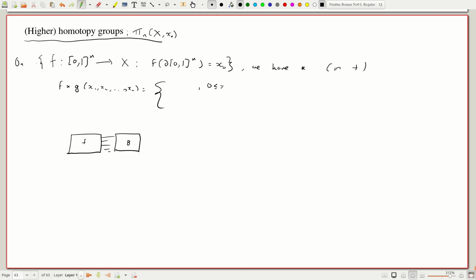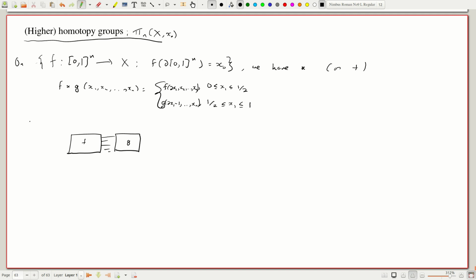In case 0 is less than or equal to x1 is less than or equal to half, we have a certain definition, and if half is less than or equal to x1 is less than or equal to 1, we have a different definition. Here this is f of 2x1, but x2 through xn are left alone. And here this is g of 2x1 minus 1, and everything else is left as it is. So we are just sticking them side by side.